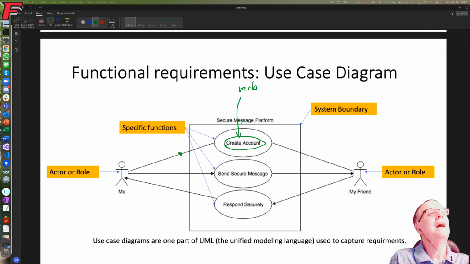Well, it could be that each use case addresses more than one shall statement. It might be that 2 or 3 shall statements are captured in one of your ellipses. It may not be. It depends on the system. Okay?